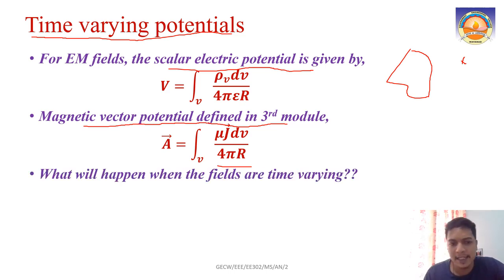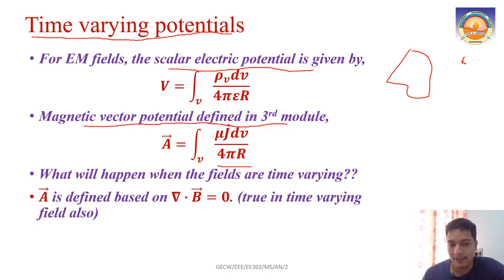Now what we are going to see is what will happen when the fields are time varying. I hope you remember that the vector A, the magnetic vector potential, is a vector potential, and this is a scalar potential. The magnetic vector potential A is defined based on del dot B equal to 0. We already know that del dot B is 0 for the case of time varying fields also.